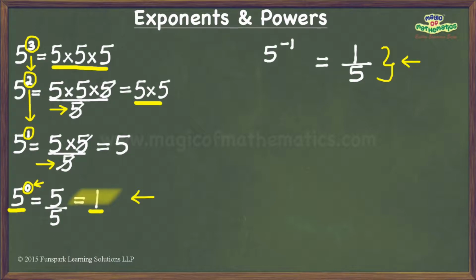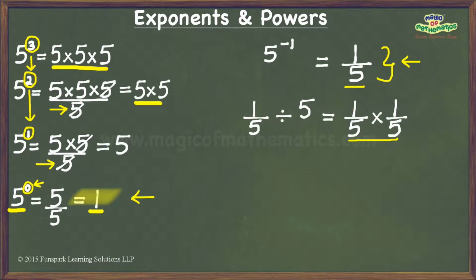I will divide the right hand side one last time by 5. I can express this as the fraction 1 over 5 times the reciprocal of 5. When we multiply two fractions, we get a fraction whose numerator is the product of the numerators of the two fractions and whose denominator is the product of the denominators of the two fractions. 1 times 1 is 1, and we can use the interpretation of positive integer exponents to write 5 times 5 as 5 raised to the power 2.